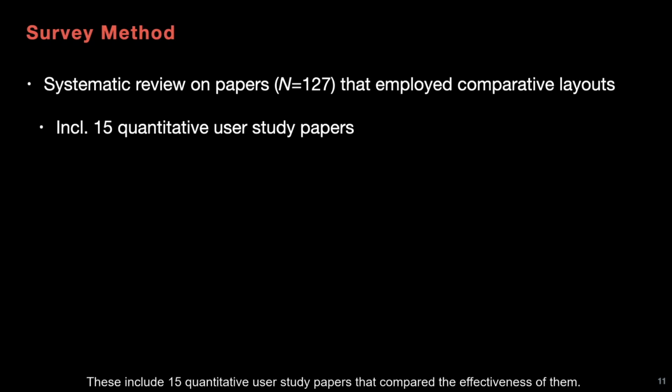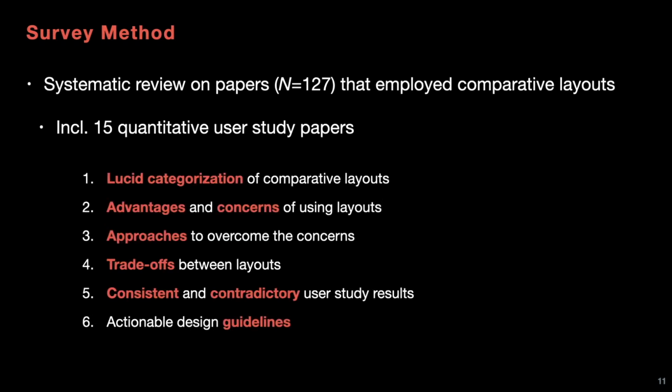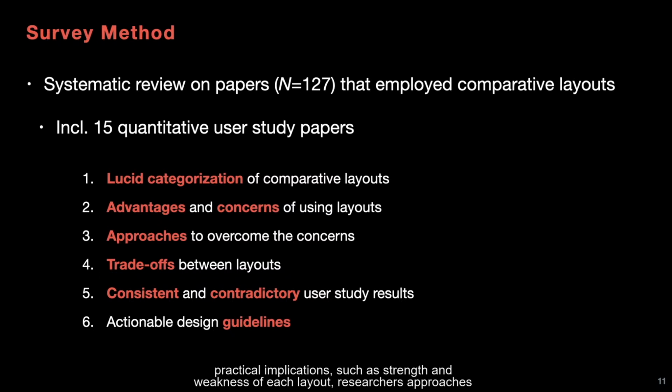These include 15 quantitative user study papers that compare the effectiveness of them. After analyzing survey results, we presented practical implications such as strengths and weaknesses of each layout, researchers' approaches to overcome the weaknesses, and actionable guidelines for using them.